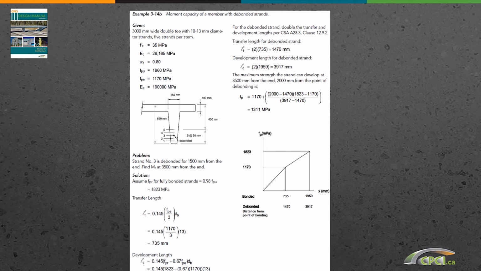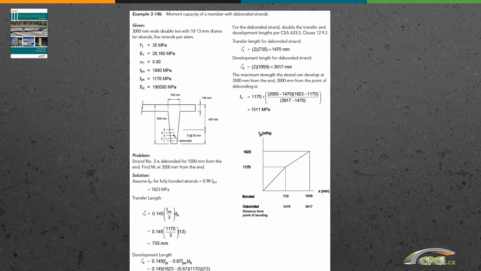So essentially, the section where we need to calculate the moment capacity, at 65 millimeter, has to be calculated using these numbers here, and we end up with 1311 megapascal at that section.